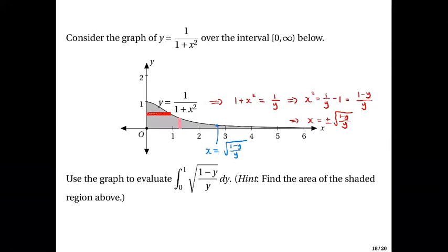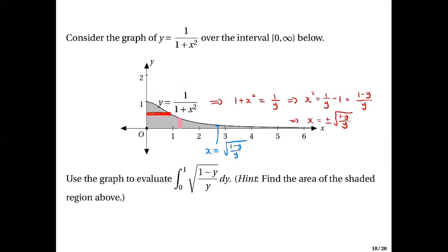If we calculate the area using vertical strips, it should be the same as if we use horizontal strips instead. But if we use vertical strips, it means that we need to use this form here: y in terms of x.